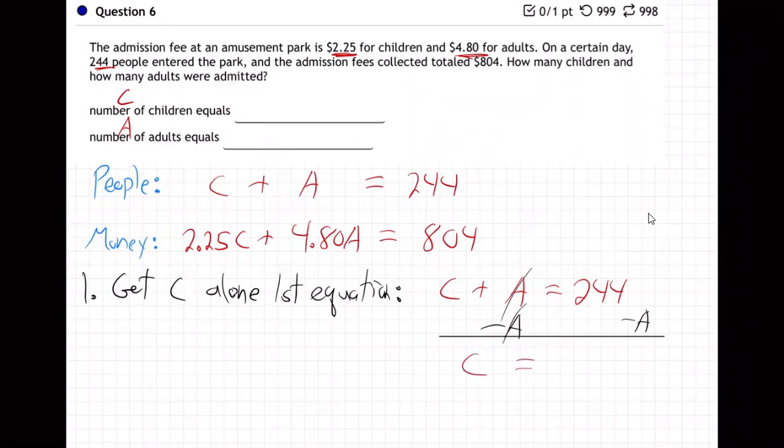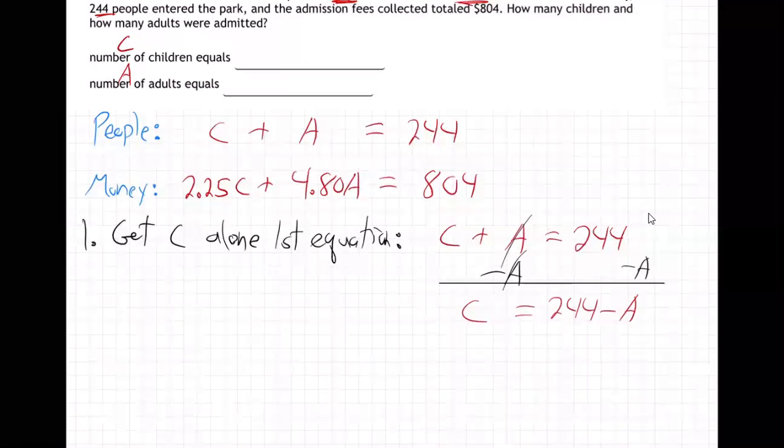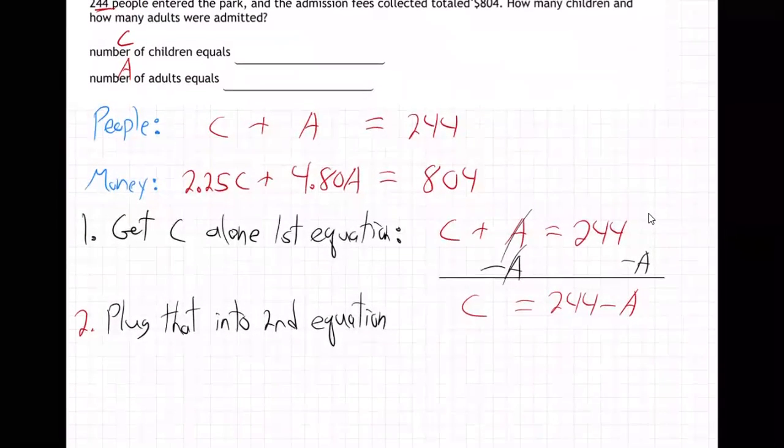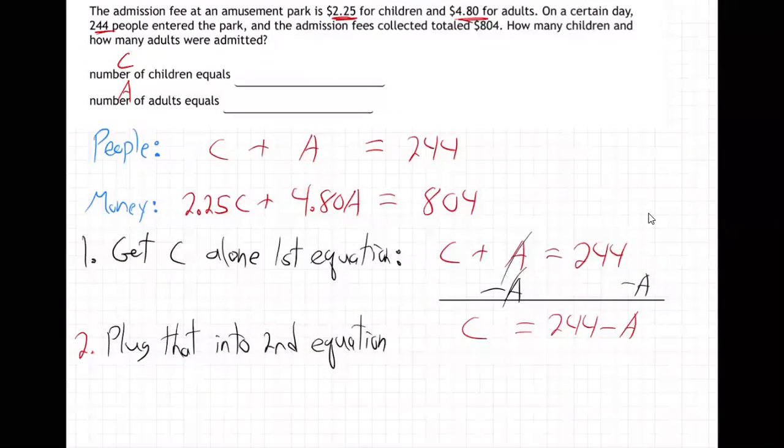And I get C equals 244 minus A. So now I'm going to plug that into the second equation. Grab that second equation and bring it down.